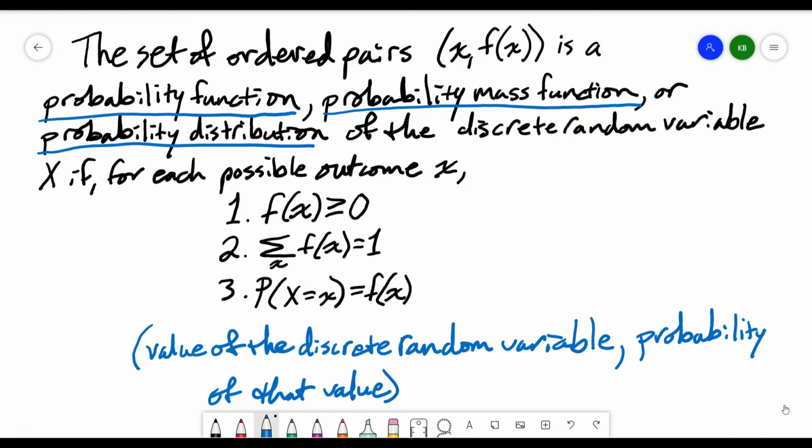Whenever we're asked to check if something is a probability function, probability mass function, or probability distribution, what we really need to check are these three things: that the ordered pairs are the value of the discrete random variable and the probability of that value, that the sum of all of the probabilities equals 1, and that each probability is greater than or equal to 0.